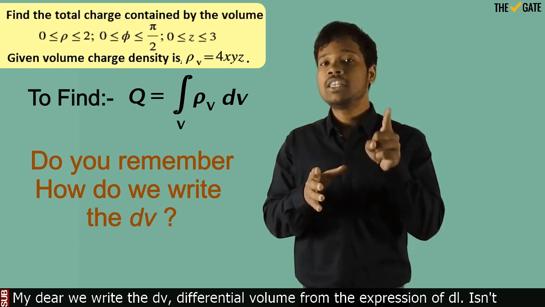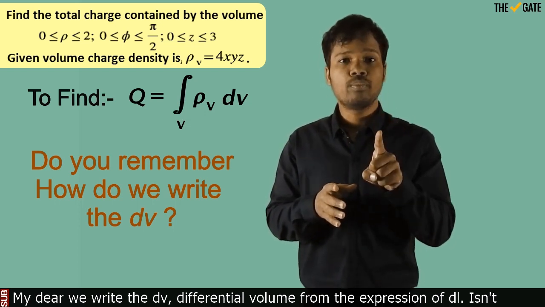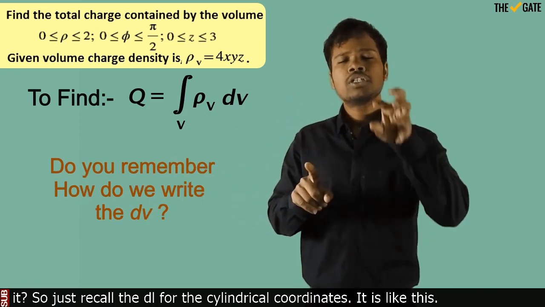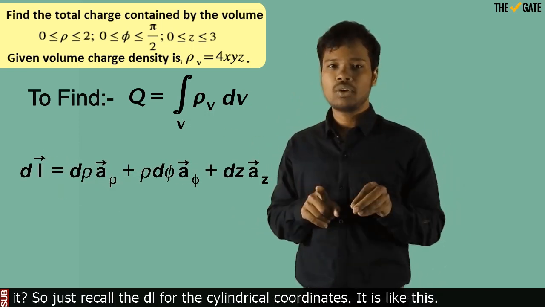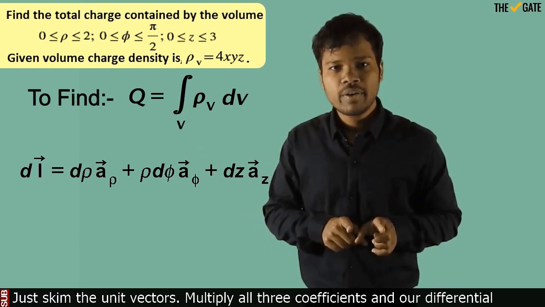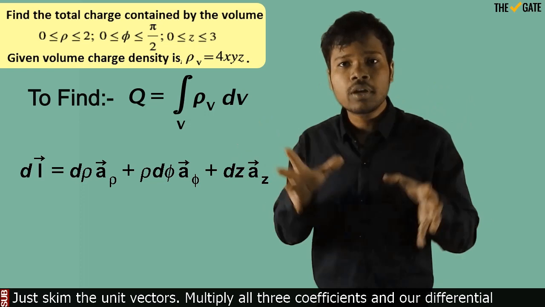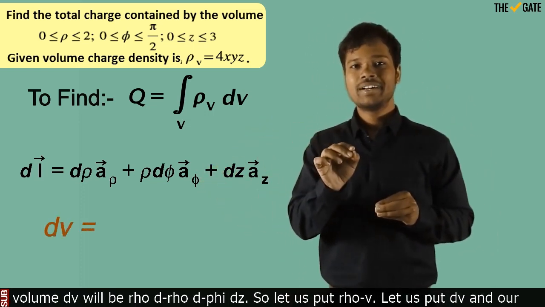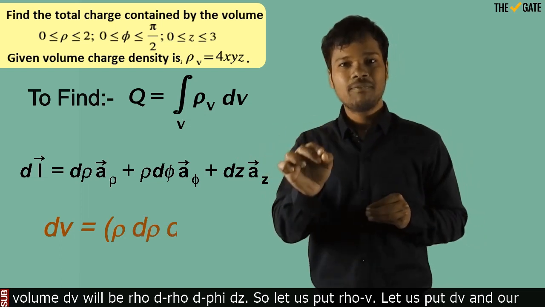My dear, we write the dv, differential volume, from the expression of dl, isn't it? So just recall the dl for the cylindrical coordinates. It is like this: just skip the unit vectors, multiply all three coefficients, and our differential volume dV will be rho d rho d phi dz.